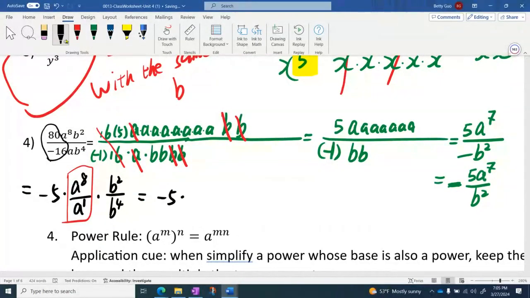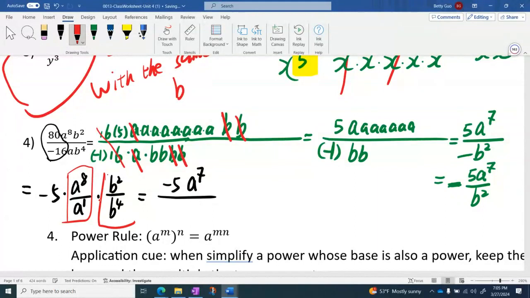So we use 8 minus 1 and leave everything on the top. Over 1, you don't really have to write over 1. It's going to be on the top. So the negative 5, hold on, the negative 5 actually is on the numerator. We keep it on the numerator. And 8 minus 1 is 7. And the numerator is dominating, so we keep a to the power 7 in the numerator.